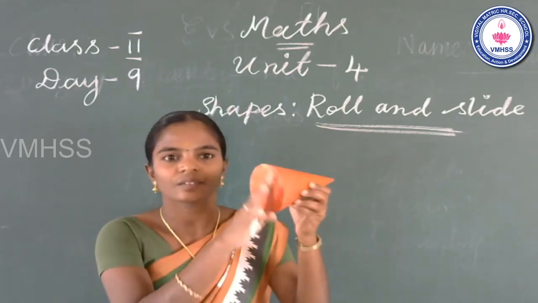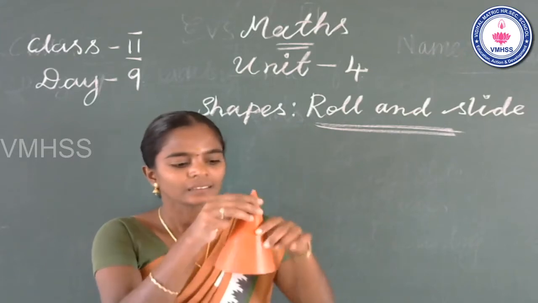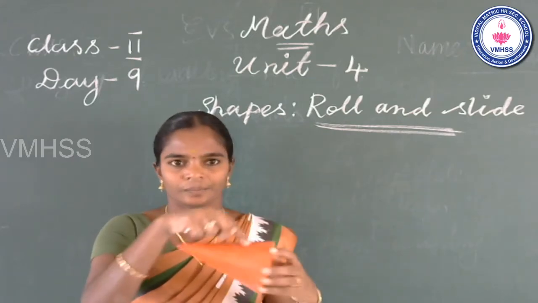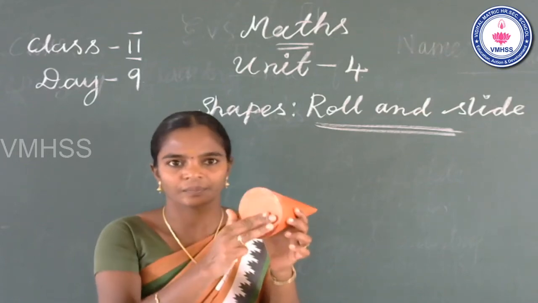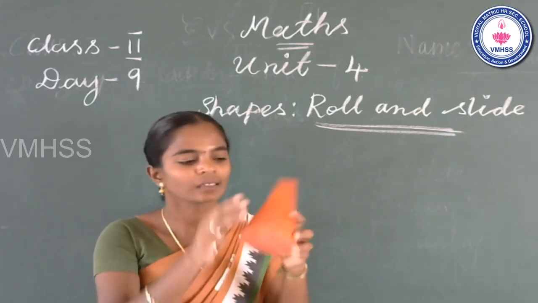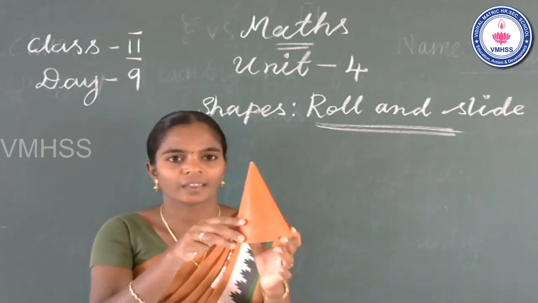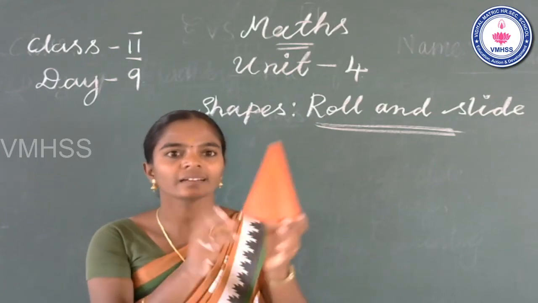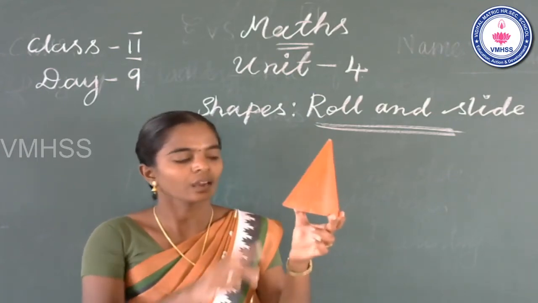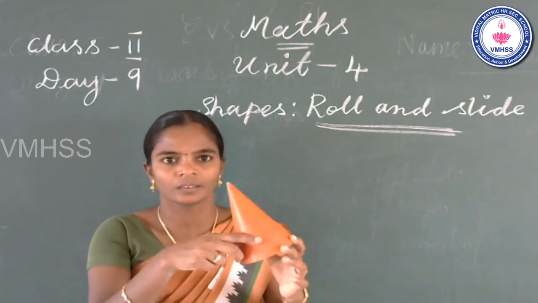This is a flat face, and this is a curved face. This is a flat surface, and this is a curved surface. So there are two faces in a cone shape: one flat, one curved.